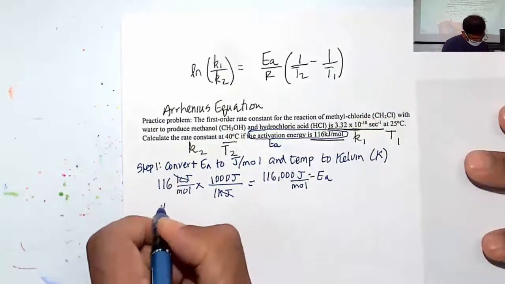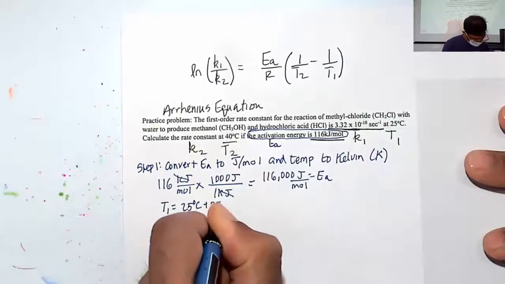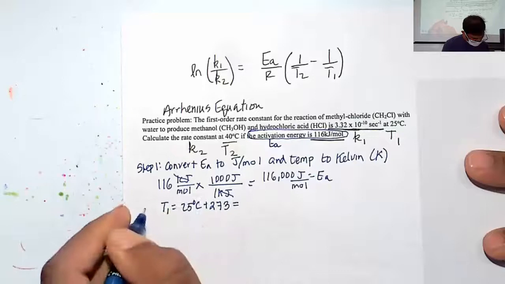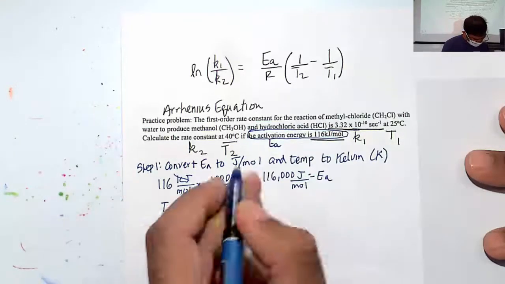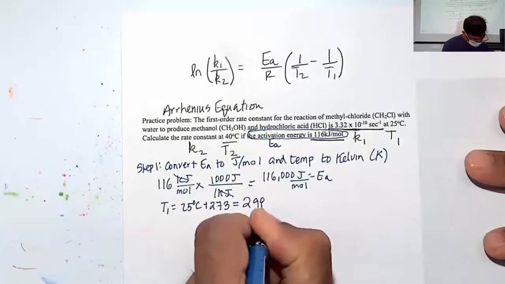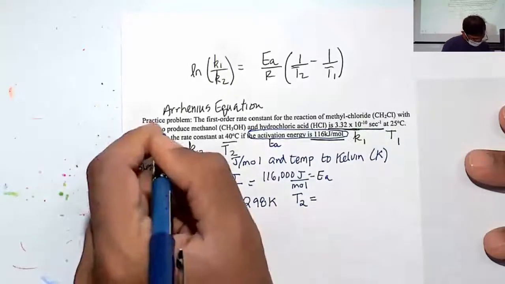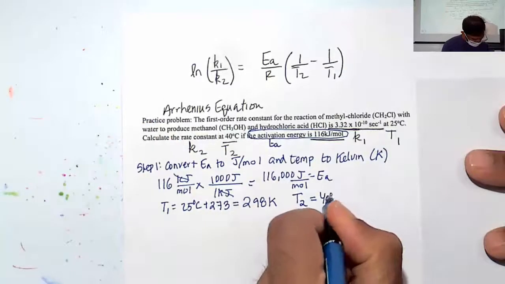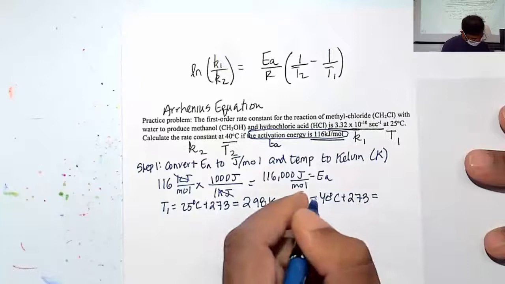T1 is 25 degrees C. If we add 273, we get Kelvin, and that is 298 Kelvin. Let's do that for T2: 40 degrees C plus 273 is 313 Kelvin.